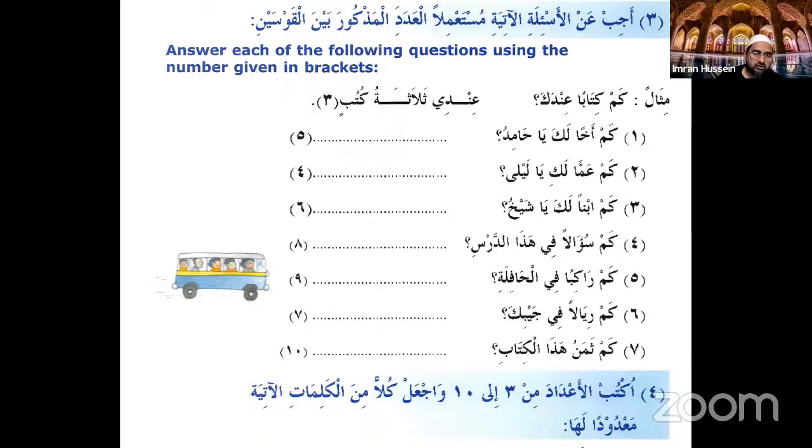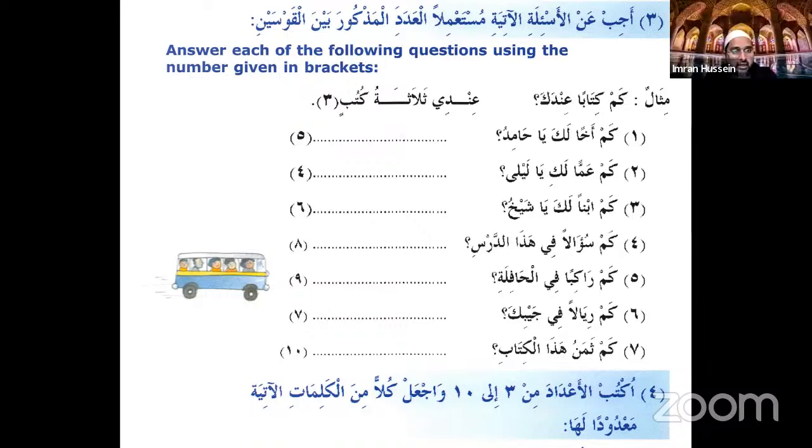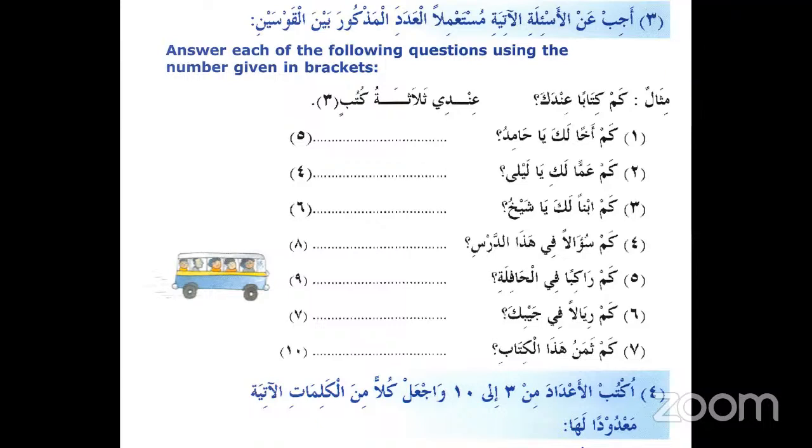Sister Kisra, can you come on? No, Almas. Can you do the next 3? Is it my turn or Kisra's turn? Almas, yes, your turn. Okay. كم سؤالا في هذا الدرس؟ So this is 8.